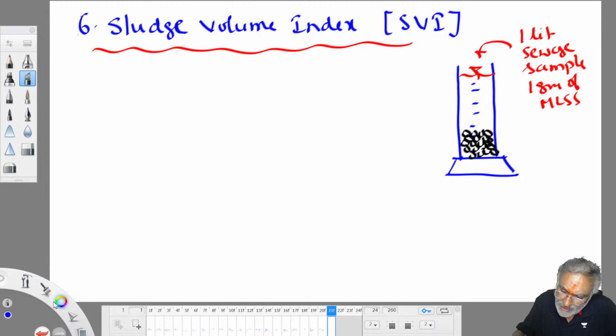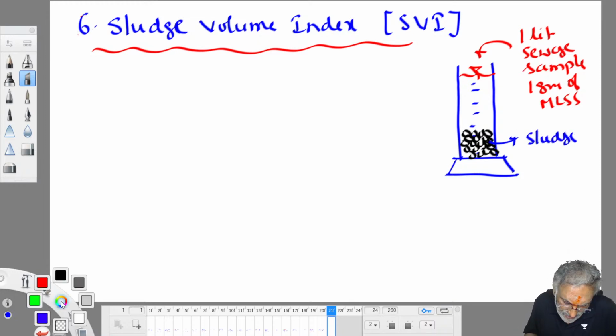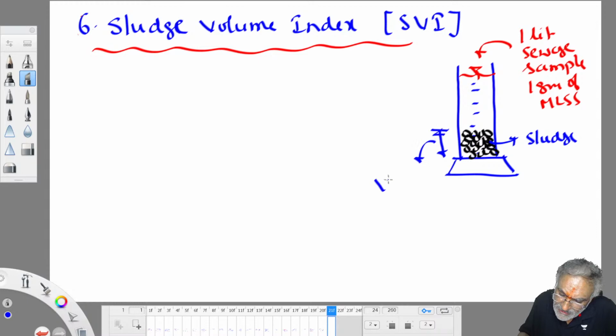So the volume occupied by this sludge after 30 minutes of settling is in ml.